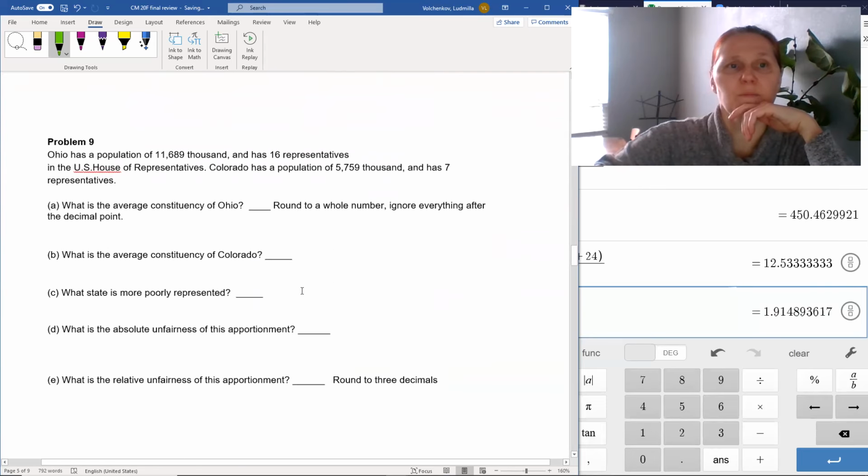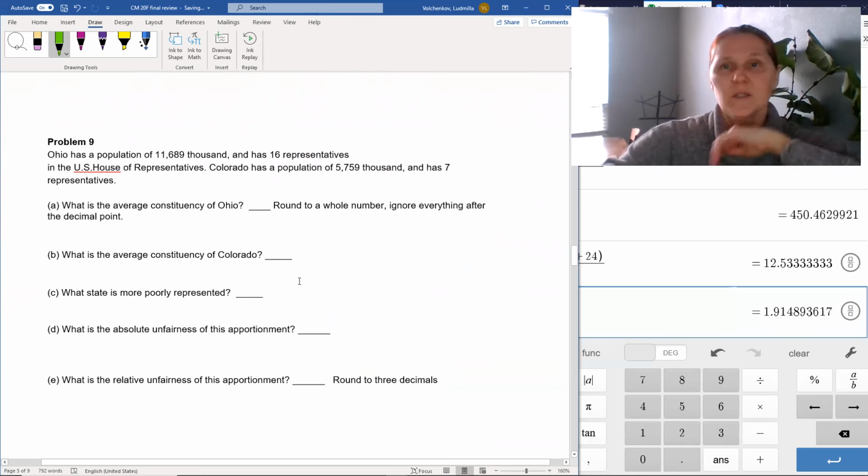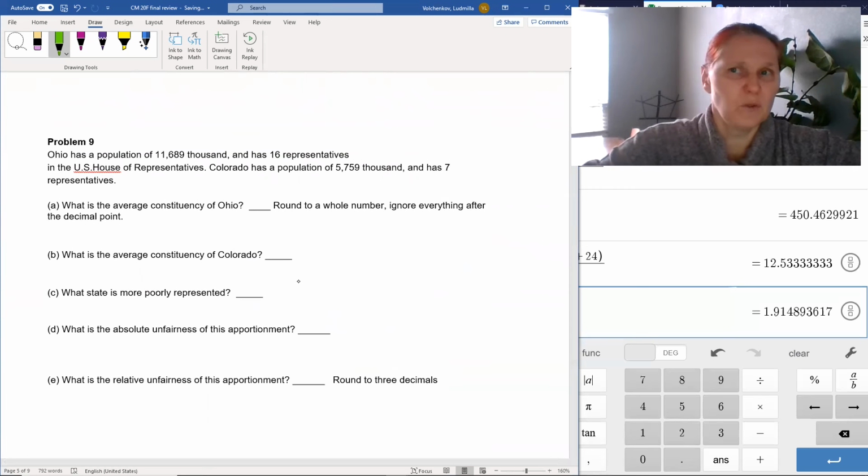The next problem is about constituencies. We have two states, you know this problem from the second exam. Let us consider two states, Ohio and Colorado. Ohio with 11,689,000 and 16 representatives.